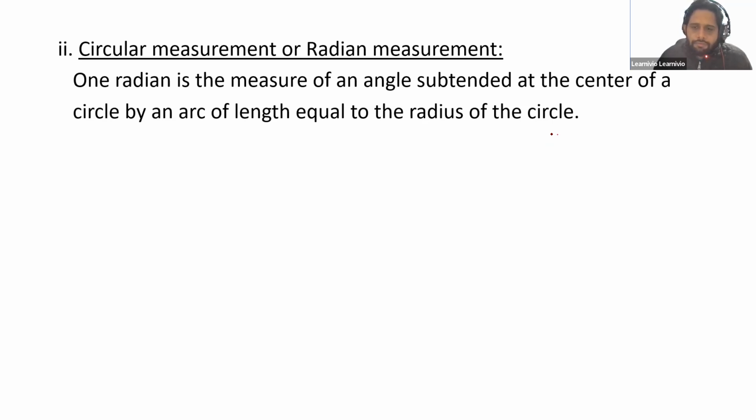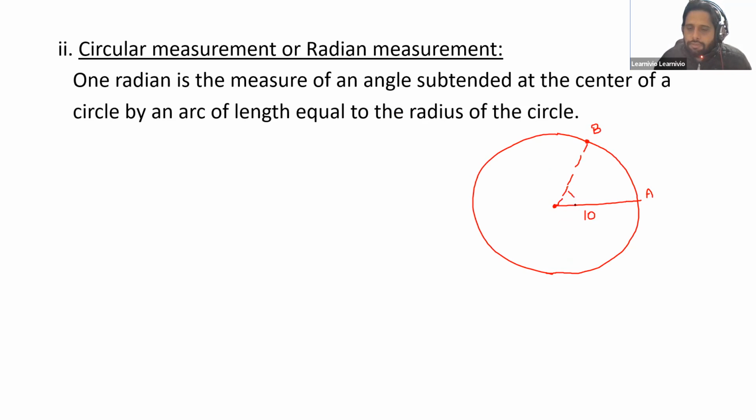We have the circle, and suppose the length of the radius is 10 units. Suppose we have an arc, like this is AB, and this subtends an angle at the center, let this be theta.